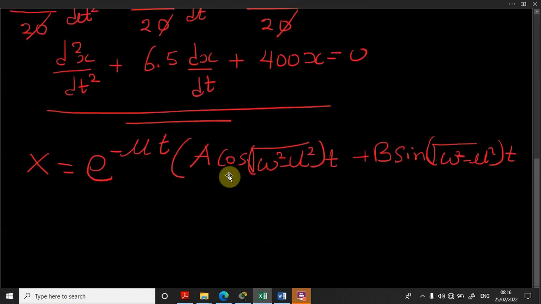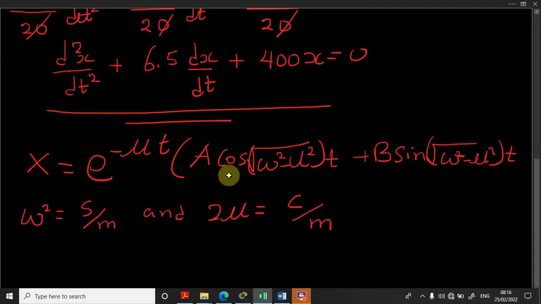Now with this, we are supposed to find omega squared and mu squared. The omega squared, we know it to be s over m, and 2 mu is c, the damping force, over m, the mass.